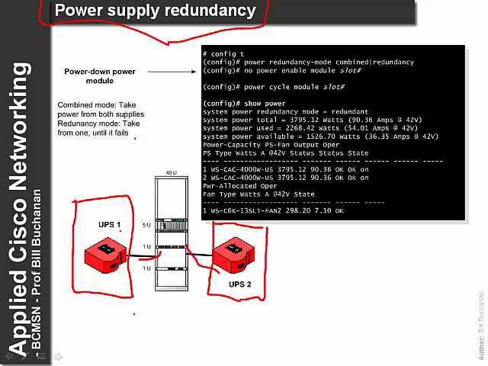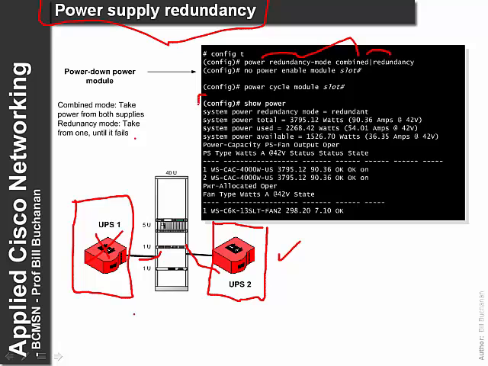This gives us the opportunity to share power between the two, but also if one fails, then the other will take over. So the command that we have is power redundancy mode, either combined, where we will take the power from both, or in a redundancy mode.